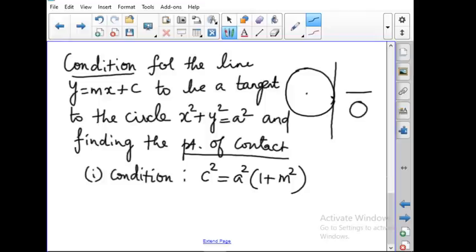So substituting this, when these two are equal, we can say that the given line is a tangent to the circle. Next, we are going to write down the formula for the point of contact. What is the formula to find the point of contact?